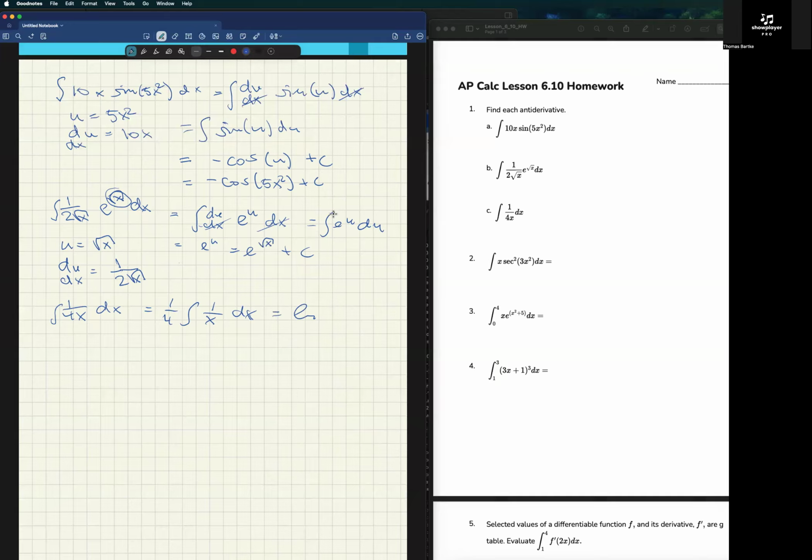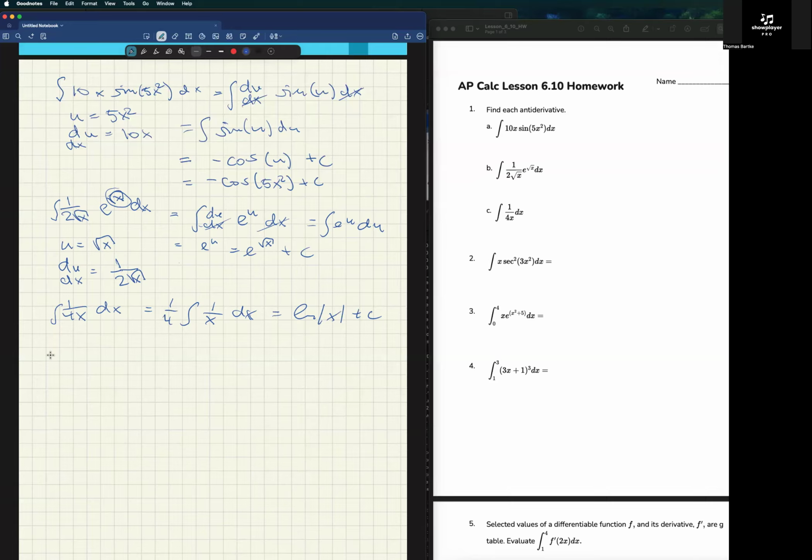Couldn't we just do that? ln absolute x plus c. Yeah, I don't see a reason to use substitution for this one, right? We can just factor out the constant, and then we have 1 over x, and the antiderivative of that is natural log of x absolute, and then don't forget the plus c.